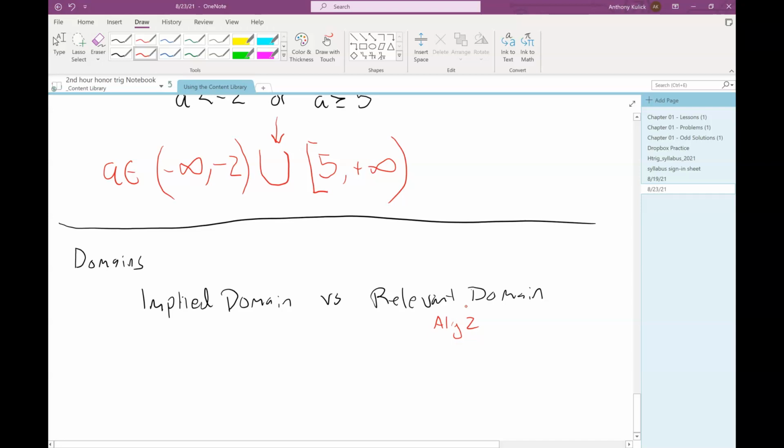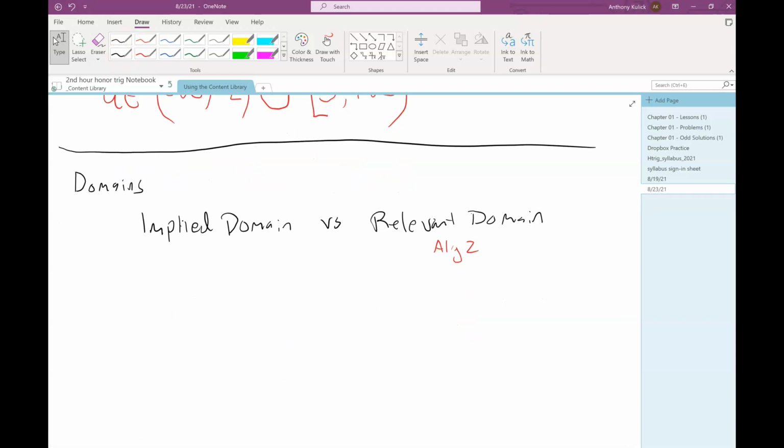Does that make sense? So the implied domain is the context of this problem dictating a set of numbers to work from, and then the specific function may further restrict that. Everybody cool? Okay. So let's run through a couple of examples on some domains.